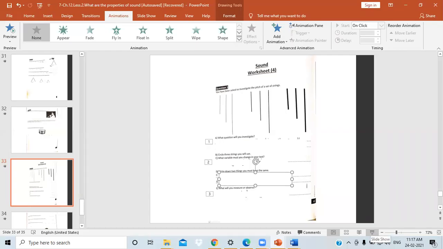So here you go. In this question, you can actually choose one of the sets. You have 3 sets in front of you with different lengths. You can choose the whole set and compare between the pitch of the 3 lengths, or you can choose one string of each set.